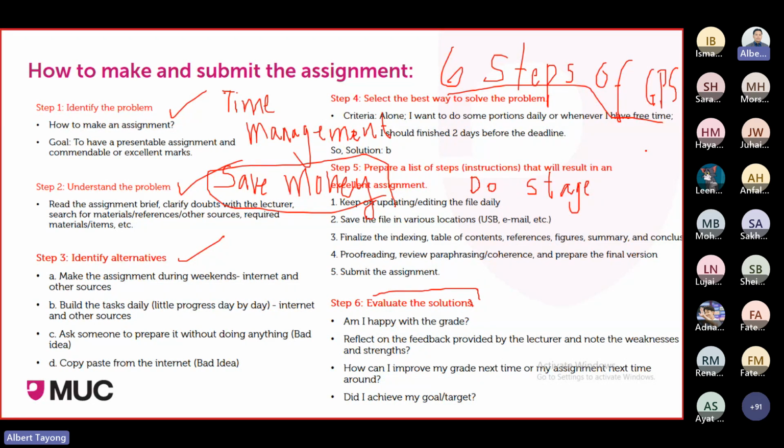Okay, so practice on how to save money, for example, or budgeting, and how to manage your time, which is really very important at this point in time. Okay, so practice on this for the 6 steps of problem solving and mind mapping. You can go to the internet and search for some ideas how to manage your time and how to save your money or how to budget.